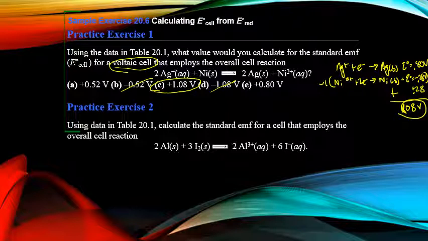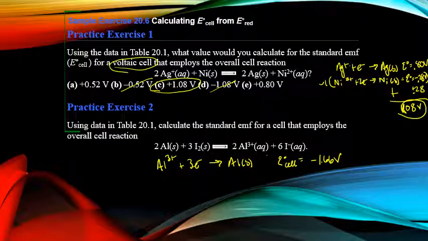So again, as we look at this, I have Al with a 3+ charge being added to 3 electrons to form the Al as a solid, and the E cell for this process is a negative 1.66 volts.